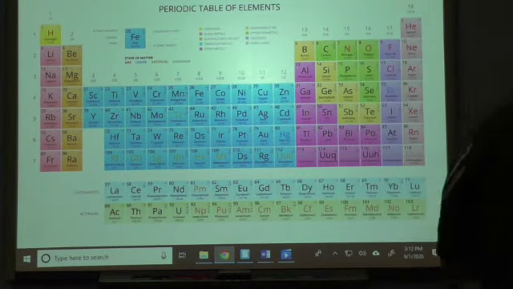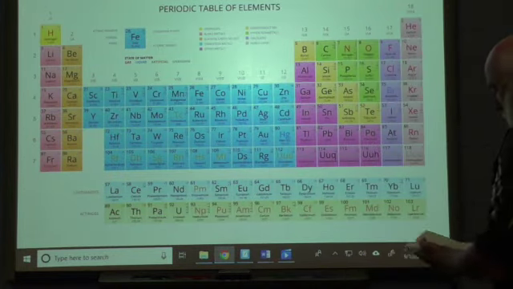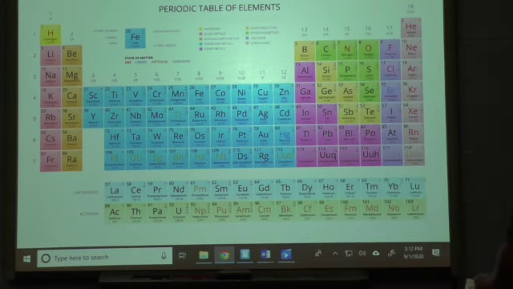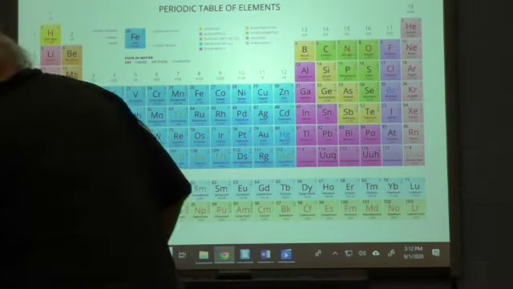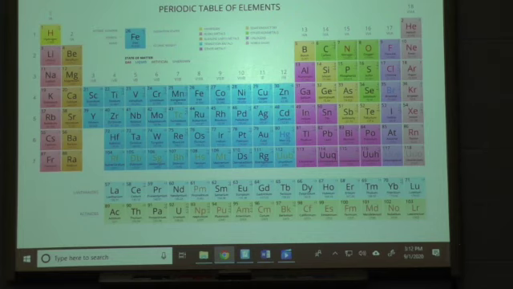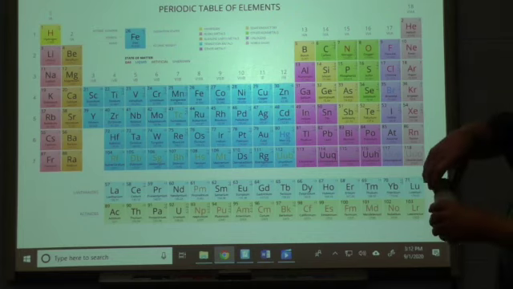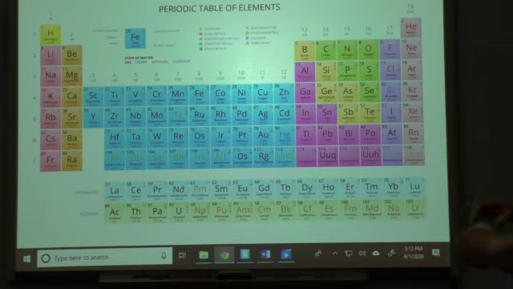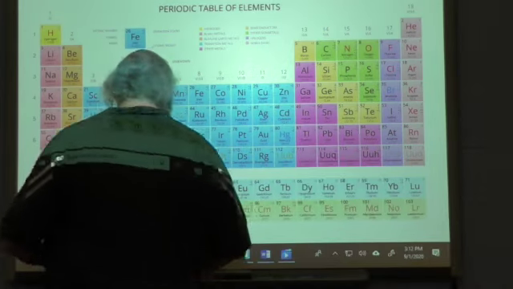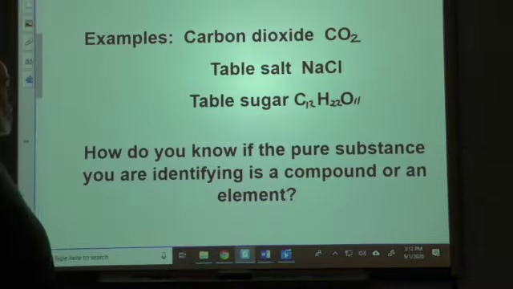Anyway, the transformation from an element to a compound results in different characteristics. And those characteristics are called properties, and we'll be getting to that again later on as well. But right now, all we need to do is to identify compounds.